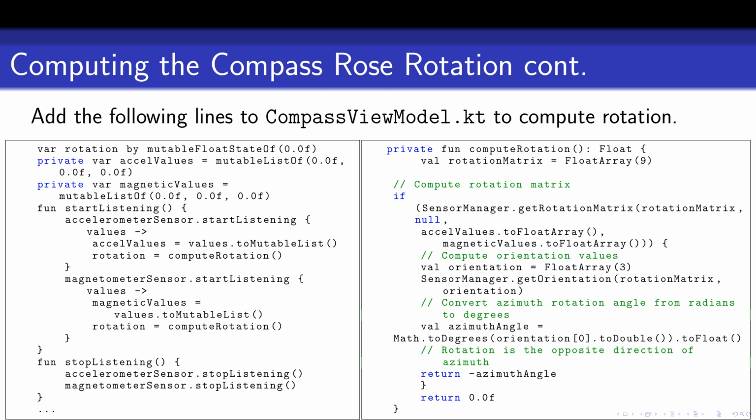By managing this data flow inside the view model and using Compose's reactive state management, we create a highly responsive and resource-efficient compass. This pattern of sensor input, state tracking, and reactive UI updates is a powerful model you can reuse across many Android apps involving real-world input.